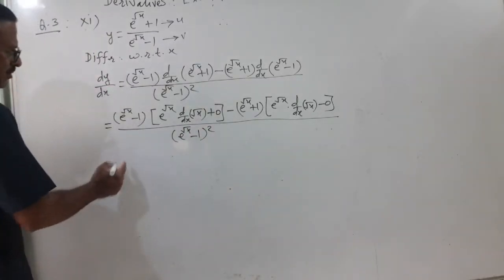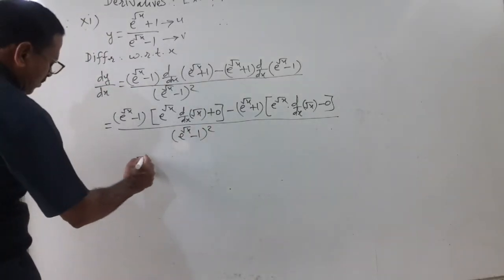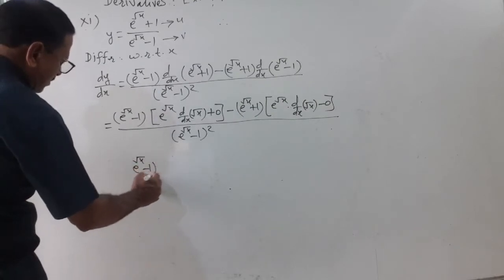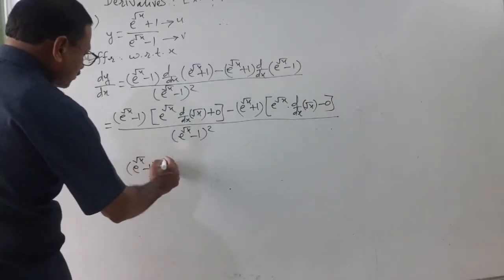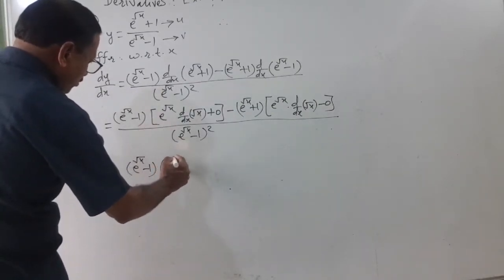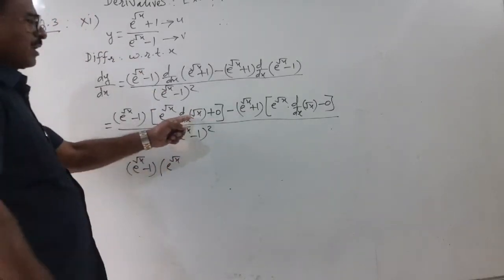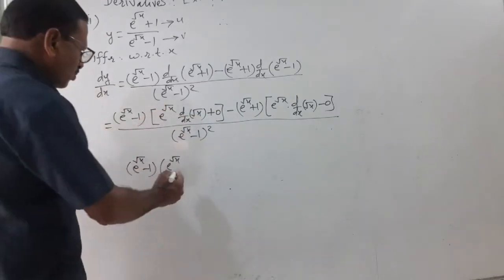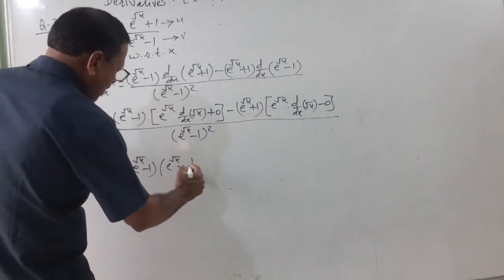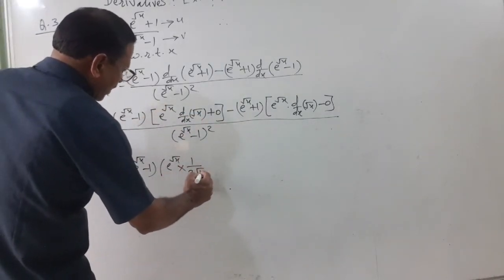Now this is equal to (e^√x − 1) into e^√x, and the derivative of root x is 1 upon 2 root x.